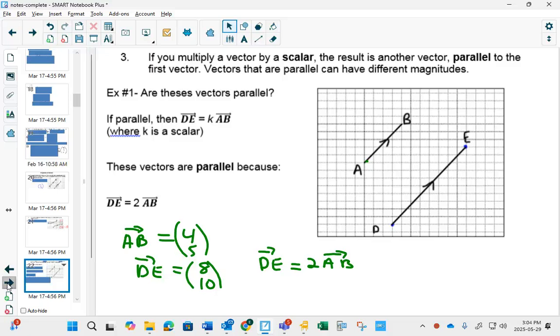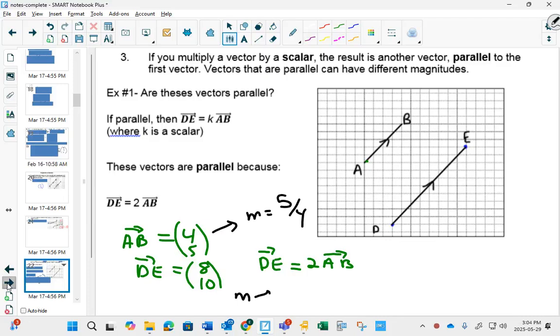Now, how did we tell things were parallel in the past? We think back to two-dimensional math. That's when you did 2 lines were parallel. What would you have to say? The slopes are the same. Okay? So a vector is very much like a slope, right? It has rise over run. The slope of this one is 5 over 4.